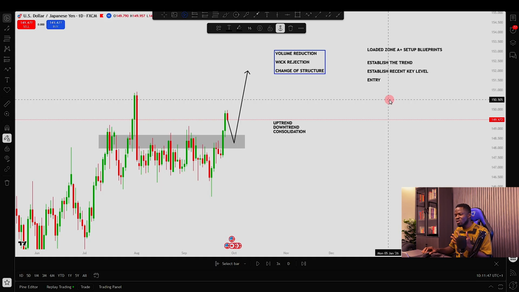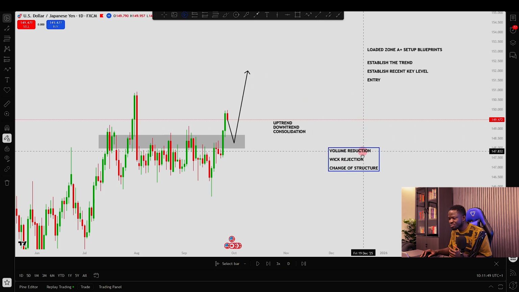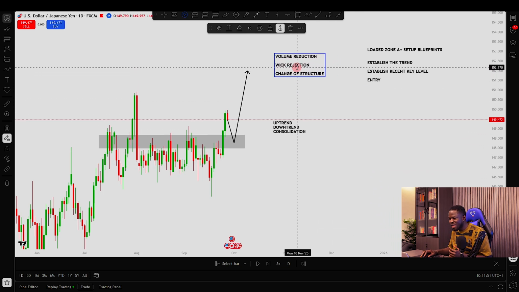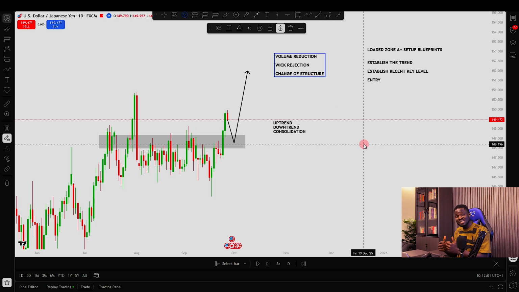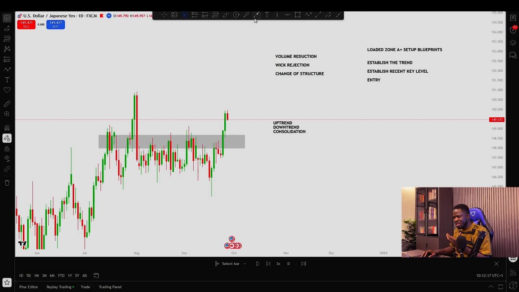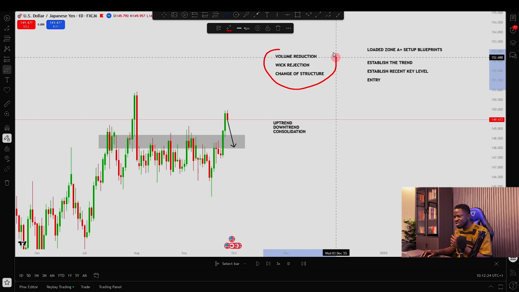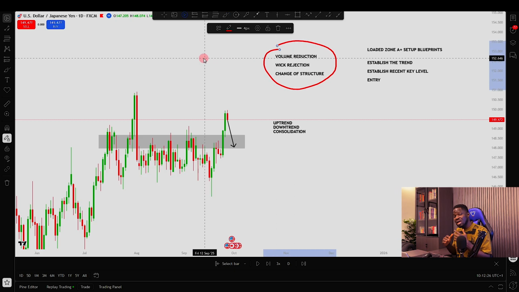Number one, we have our volume reduction. Then we have our weak rejection and our change of structure, as explained at the beginning of the video while analyzing the gold market for you. If price action sells down to this zone, we want to see the presence of these entry criteria before we trigger our buy position.